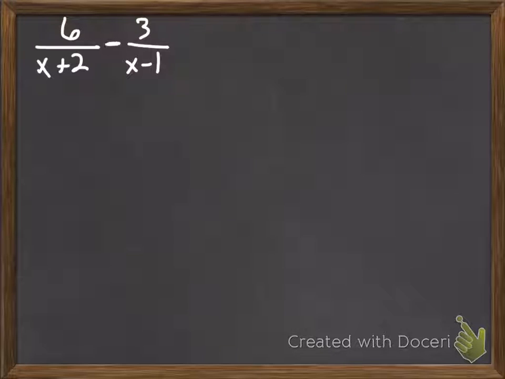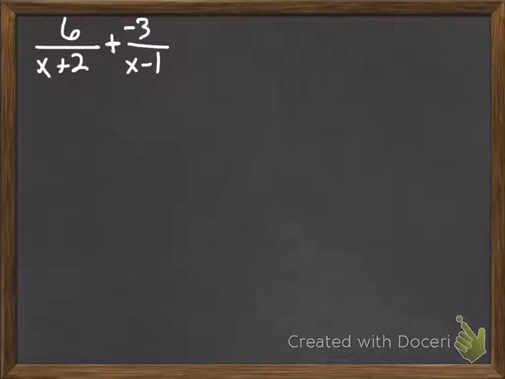So already we see there's a subtraction, so let's change that to an addition, make that a -3. We have an x plus 2 in the denominator and an x minus 1 in the denominator. Those are not common denominators. So what we're going to do is we are going to make them common denominators. The easiest way to do that is to multiply each fraction by the other denominator.